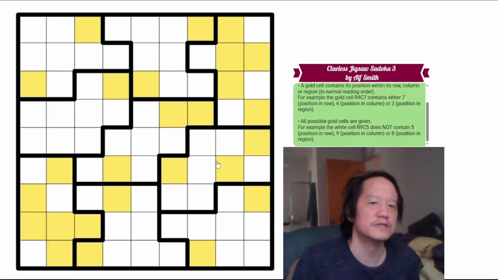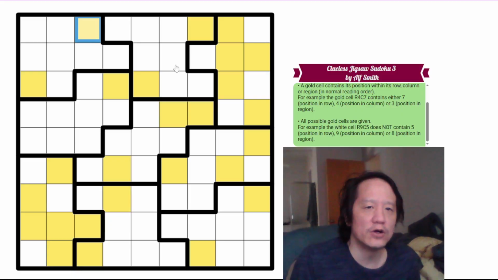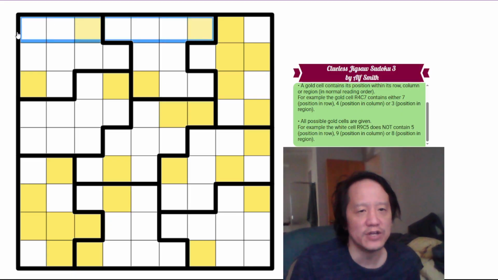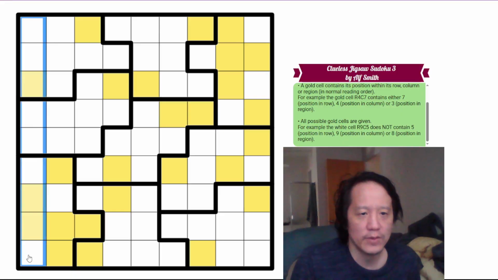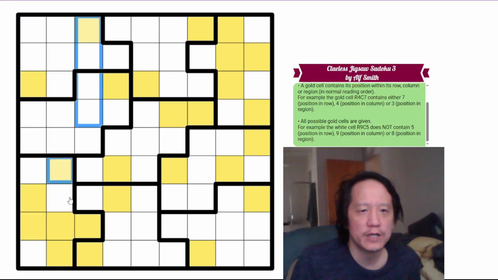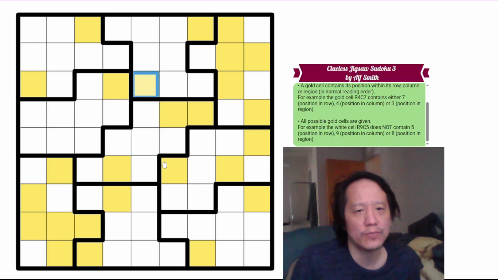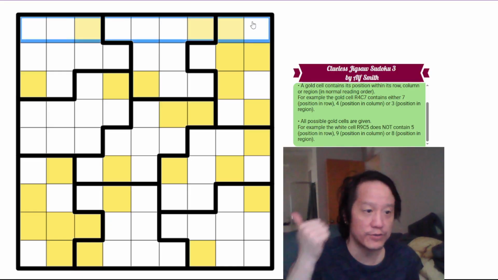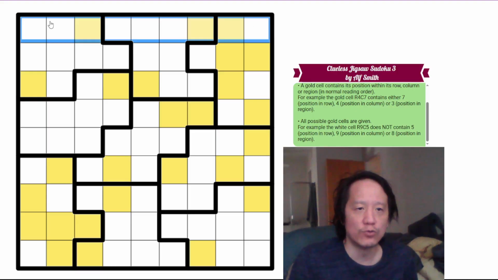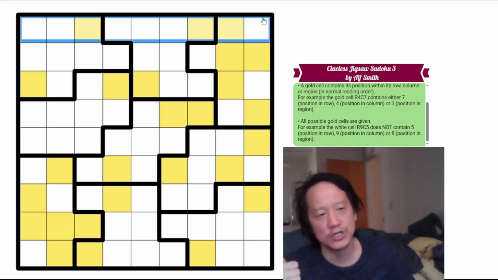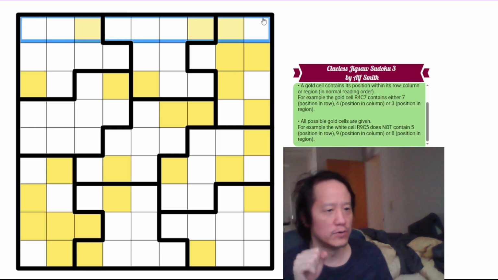Interesting thing is, if a gold cell is the only cell in its row or column, it has to match that row or column number. Because in every row, you're going to have a 1 through 9. And so for row 1, you have to match somewhere in that row.